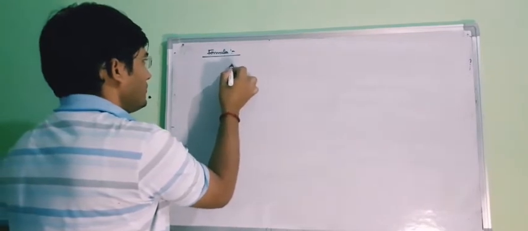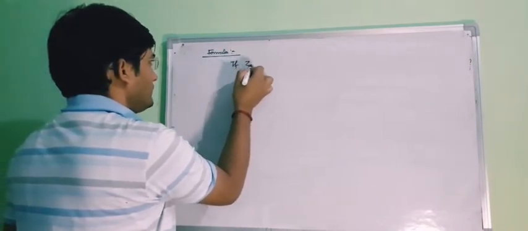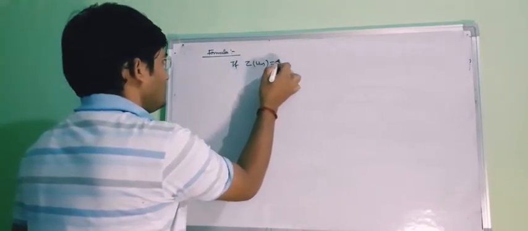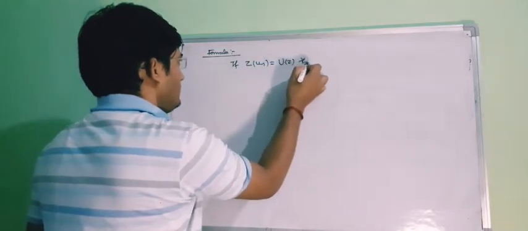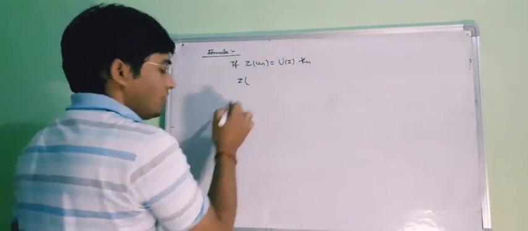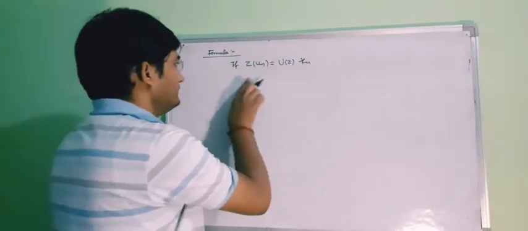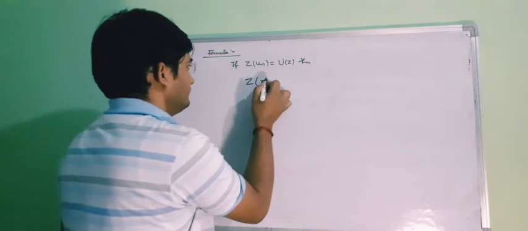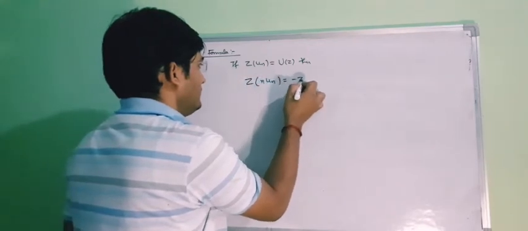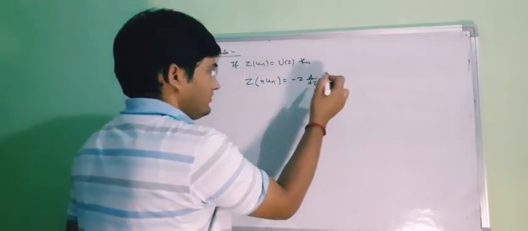If the Z transformation of un is uz, then the Z transformation of n un is minus z d by dz of uz.